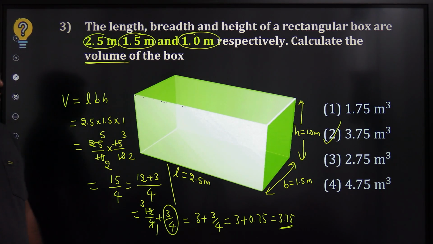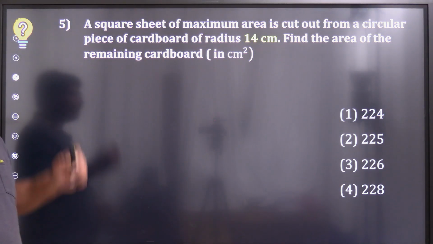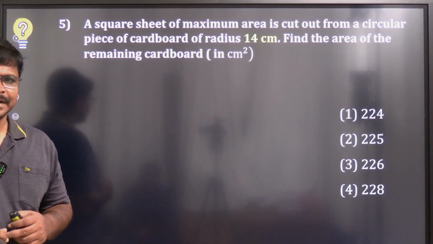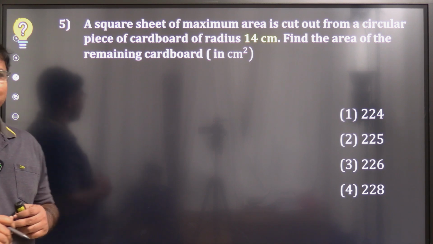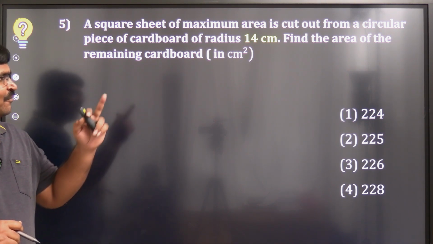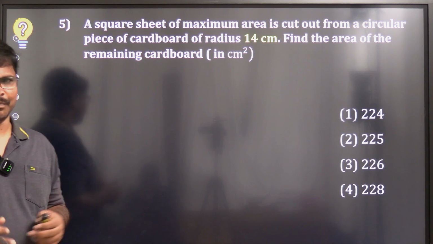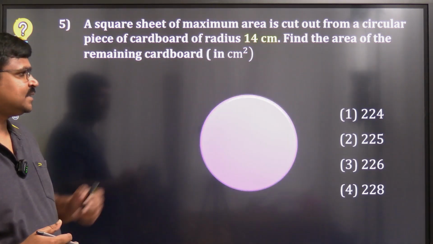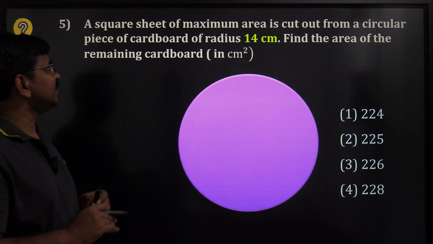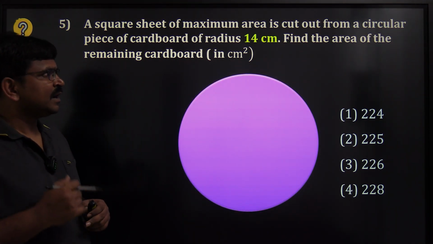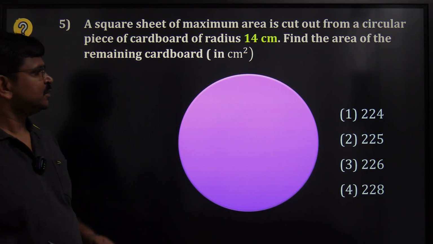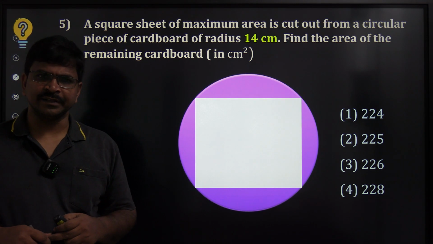Yes. And now, next question. A square sheet of maximum area is cut out from a circular piece of cardboard of radius 14 centimeter. Find the area of the remaining cardboard. See here, the cardboard is actually circular. So from the circular piece, the square sheet of maximum area is cut out, like this.